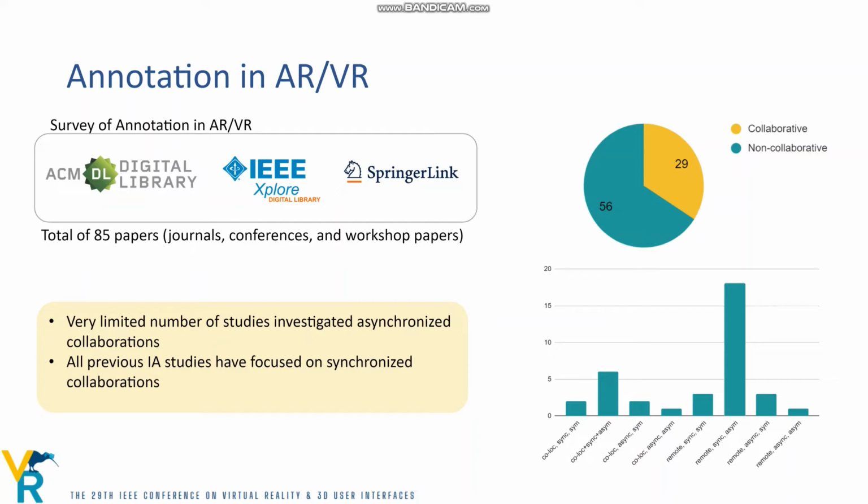As you can see, most of the systems use remote synchronized asymmetrical collaboration, and a very limited number of studies investigated asynchronous collaboration. To the best of our knowledge, almost all of the previous studies on immersive analytics focus on synchronized collaboration.